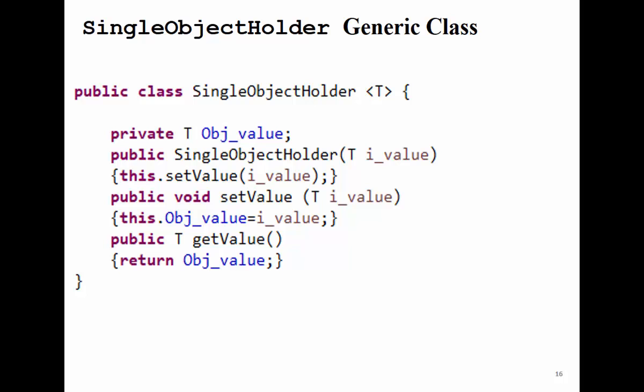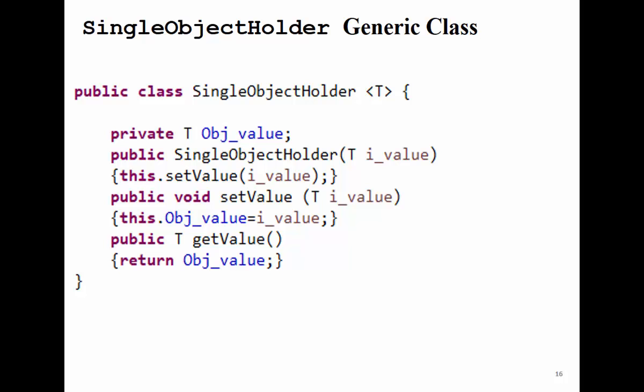Now the constructor, SingleObjectHolder. The name of the constructor is the same as the name of the class. And you have capital T, and you give the value. Capital T is the type, input value, and you set the value of the generic field. Inside the set method, it's return void, and also I receive capital T as a type, and this.objectValue is equal to the input value.